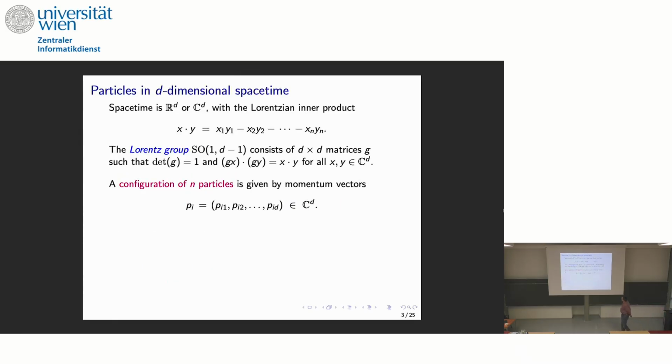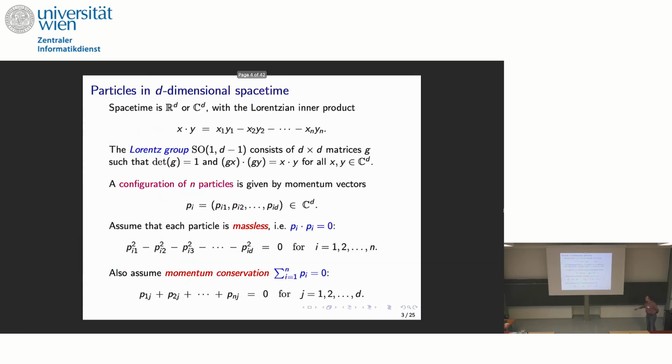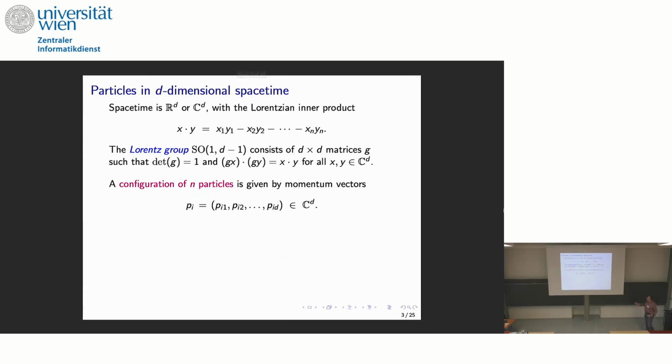Okay, we're going to work in a d-dimensional real or complex vector space, R^d or C^d. And we're going to talk about particles in d-dimensional space-time. In the world around us, usually d is 4, so we have 3 space dimensions and 1 time dimension, but we're also interested in higher dimensional situations. Here, these authors were particularly interested in d equals 5, and we're going to allow arbitrary d.